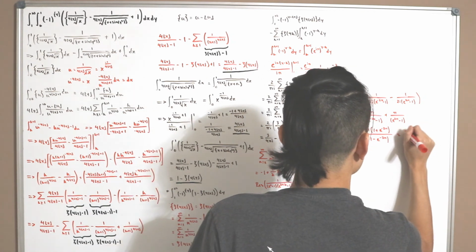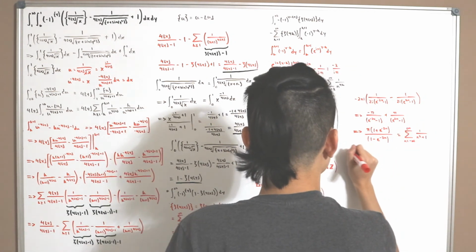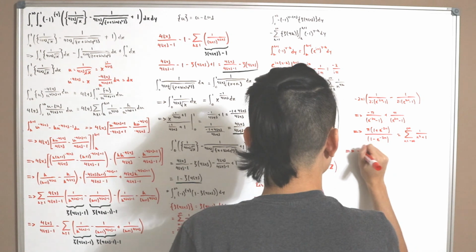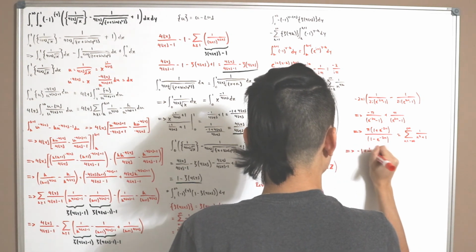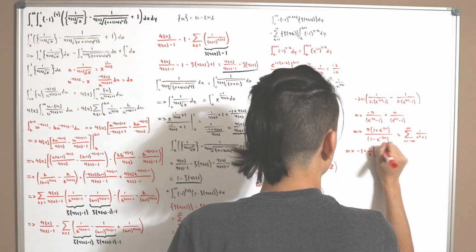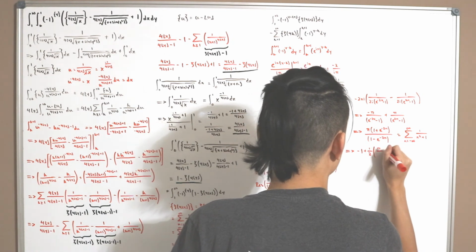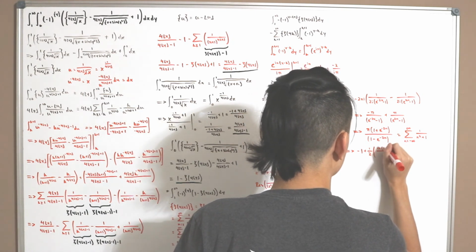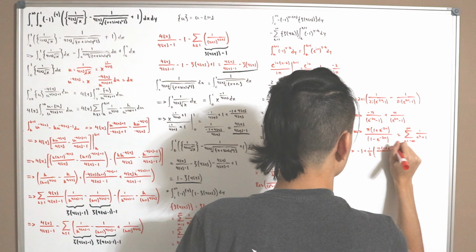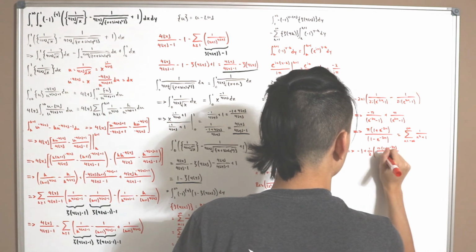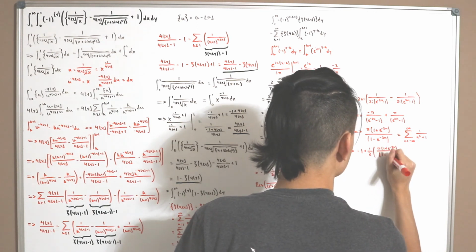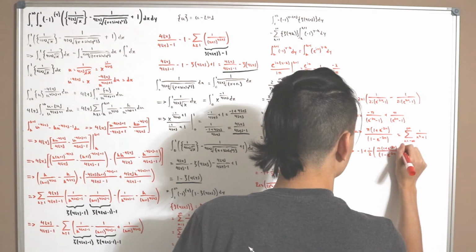So now, if we substitute everything back in, we get -1 plus 1/2 of pi, 1 plus e to the -2 pi divided by 1 minus e to the -2 pi.